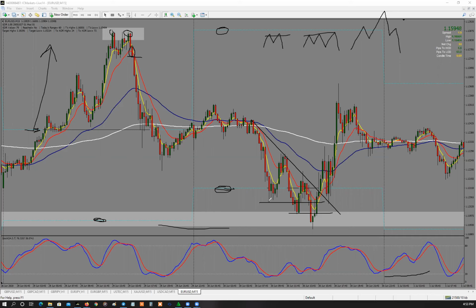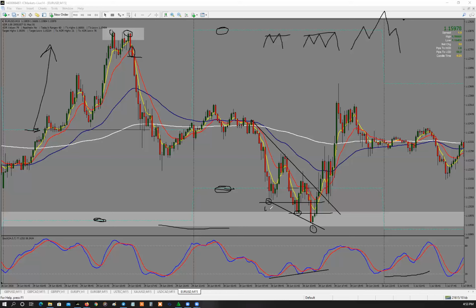Divergence is just like, you see, let me draw it very properly for you. The price is making a lower low here, right? And this indicator here is making a higher high. I will explain further. If you notice, this low is higher than this low, and this low is higher than this low, right? So we call the structure lower lows.